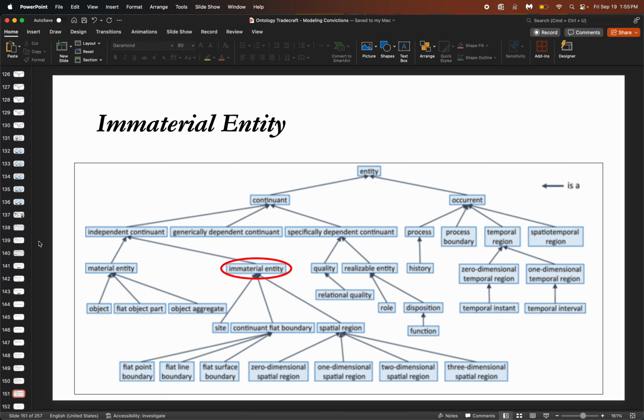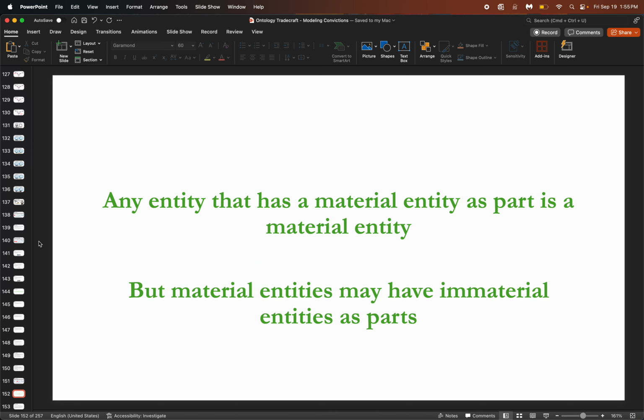There are also, in contrast to material entities, immaterial entities, and these are independent continuants, I should say, that do not have material as parts. So any entity that has a material entity as part is a material entity, but material entities, I'll note, may have immaterial entities as parts. So the trunk of my car has a bunch of material stuff in it, but also there's the space that doesn't have material stuff in it, but it's still part.